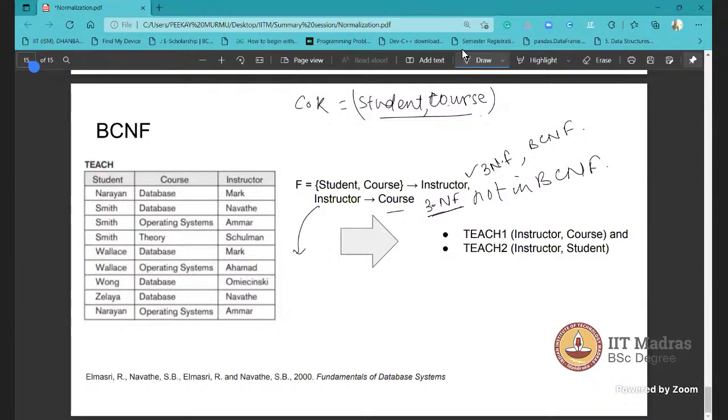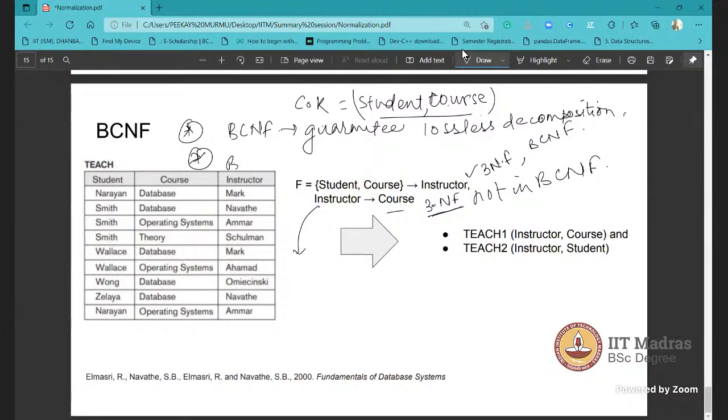But you have to remember this for BCNF: BCNF guarantees lossless decomposition, but it does not guarantee preservation of functional dependency, right?